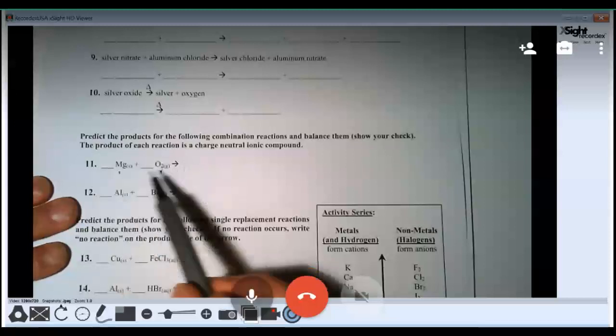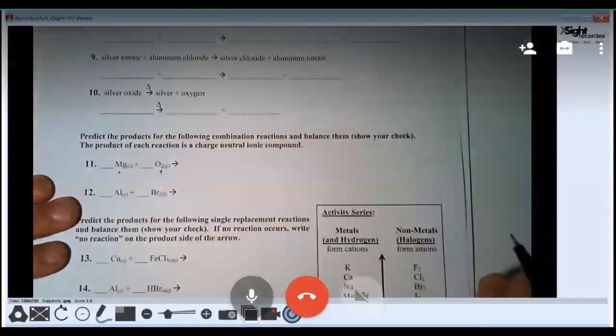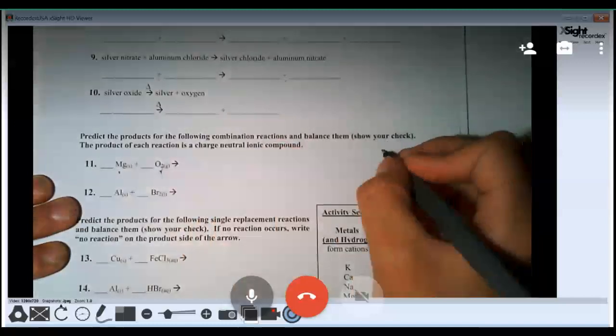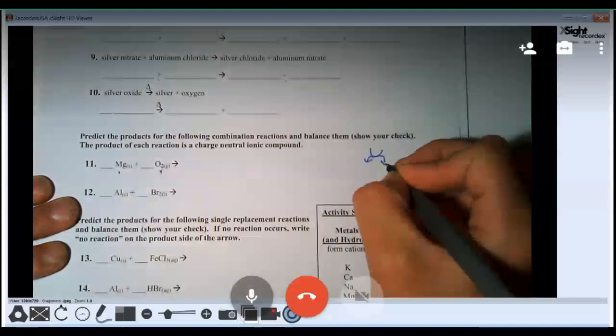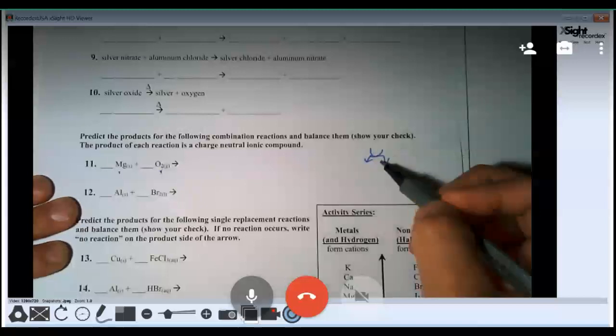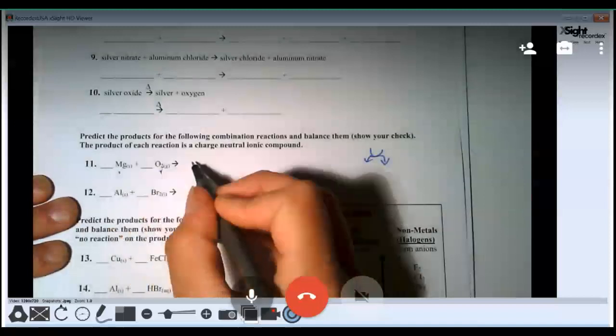So if we're going to have an ionic compound forming, what do we have to do to figure out the formula for our ionic compound? What's that method? Yeah, okay, so we have to do our crisscross to figure out what our product's going to look like.